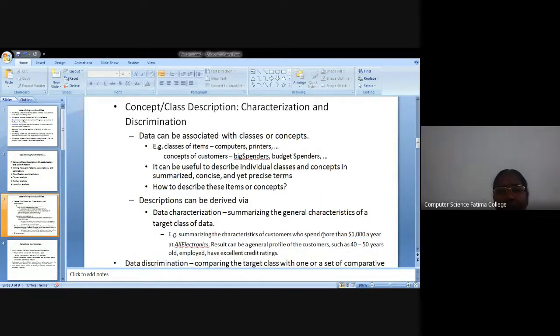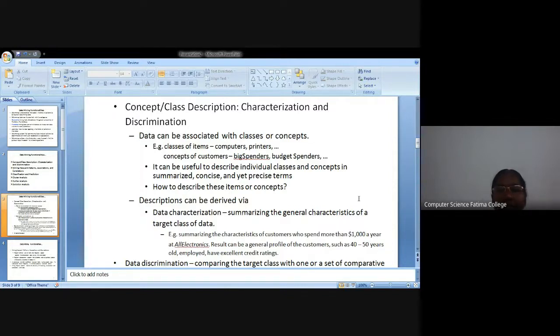For example, summarizing the characteristics of customers who spend more than $1,000 per year at a particular electronics shop. The result contains general profiles of the customers: customer age, whether employed, and credit rating. These are all the general characteristics of that customer, which is called the general characteristics of the target class of data.